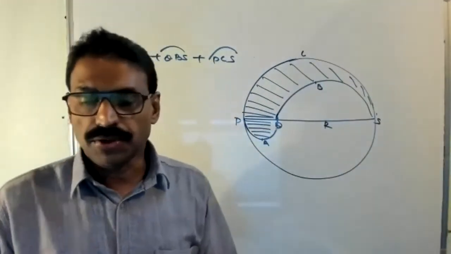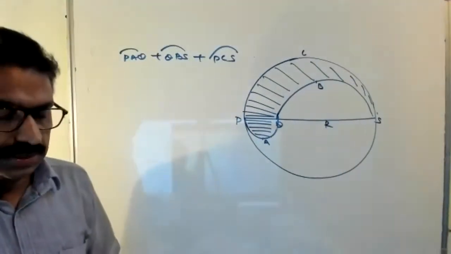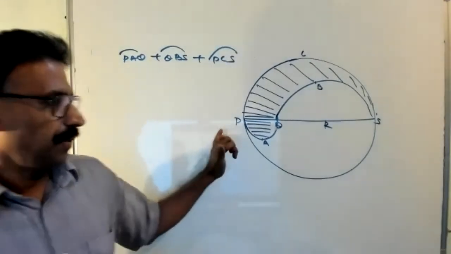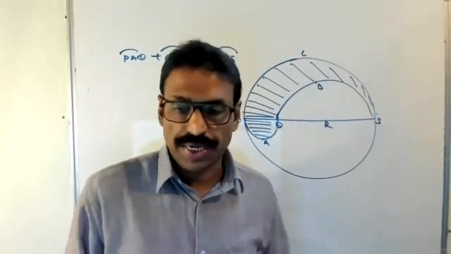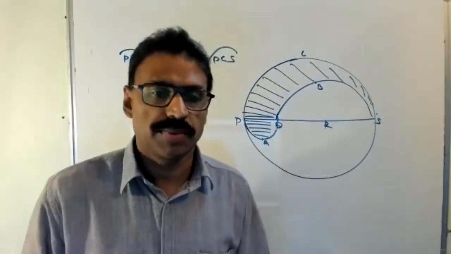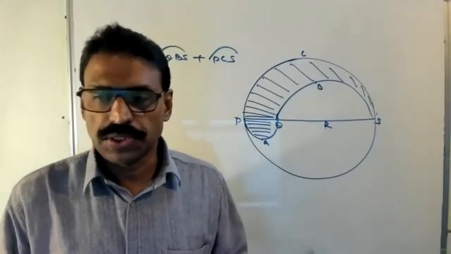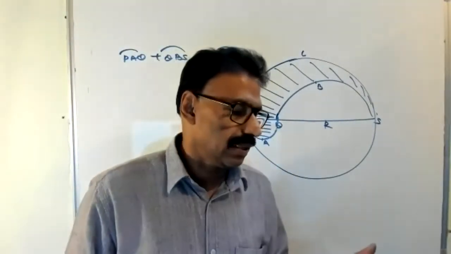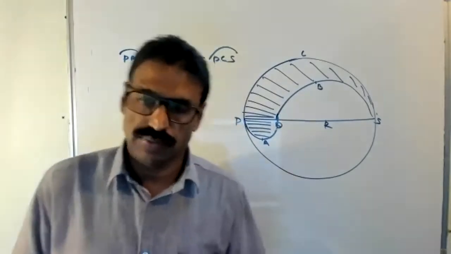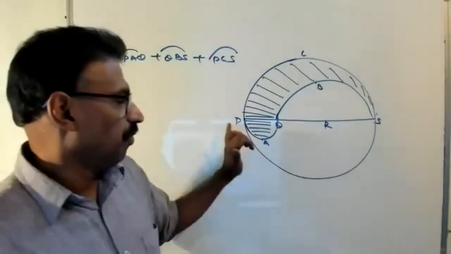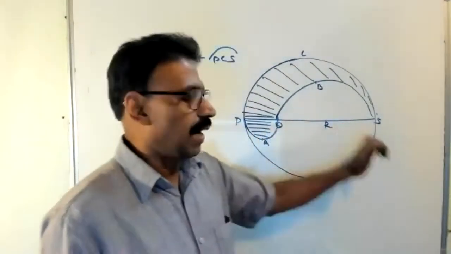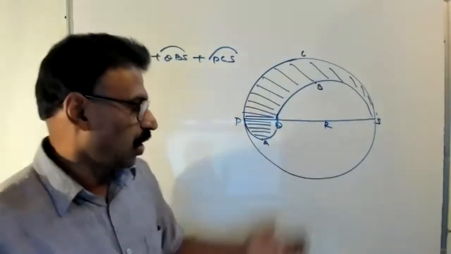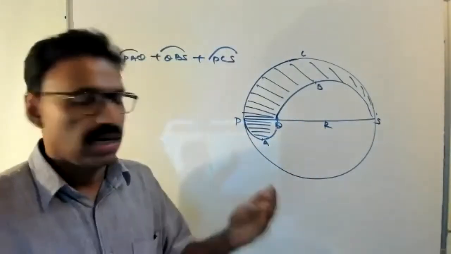My question is, before starting: PQRS is a diameter of a circle of radius 6 centimeter. So diameter how much? Diameter is 12. Therefore, PQ, QR, RS how much?